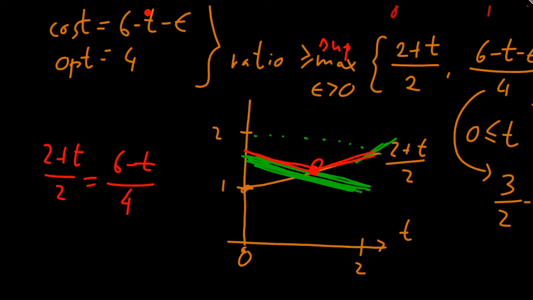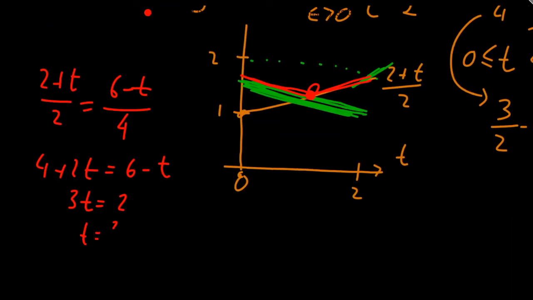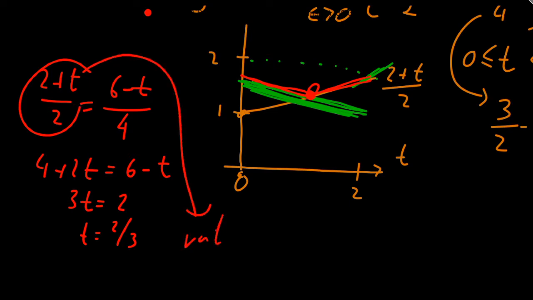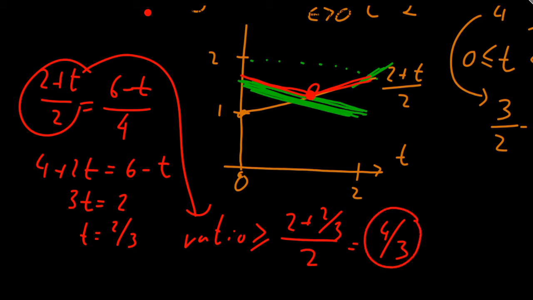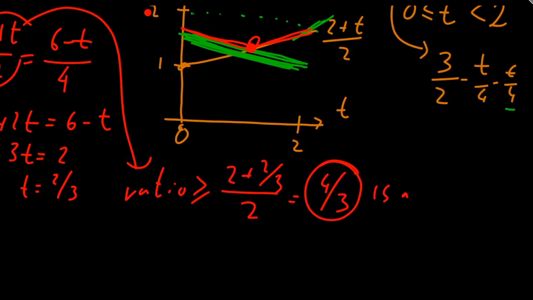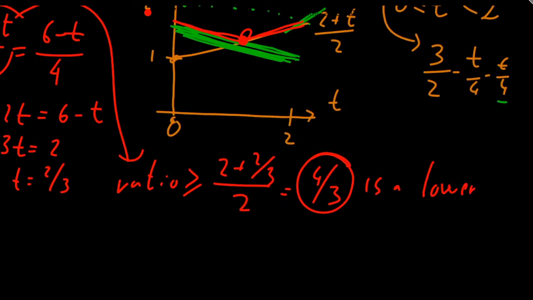And then I'm just multiplying by 4, so it's 8 plus 2t equals 6 minus t, and I'm just adding t here and subtracting 4, so t is 2 over 3, in which case the competitive ratio will be at least 2 plus 2 over 3 divided by 2, which is 4 over 3. So this is a lower bound for the competitive ratio.